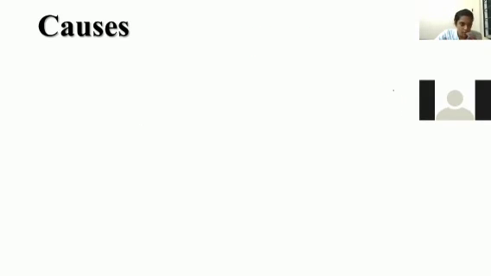So what are the causes? One more thing I want to say about mitral stenosis: mitral stenosis is one major reason for increased mortality at the time of labor or childbirth.